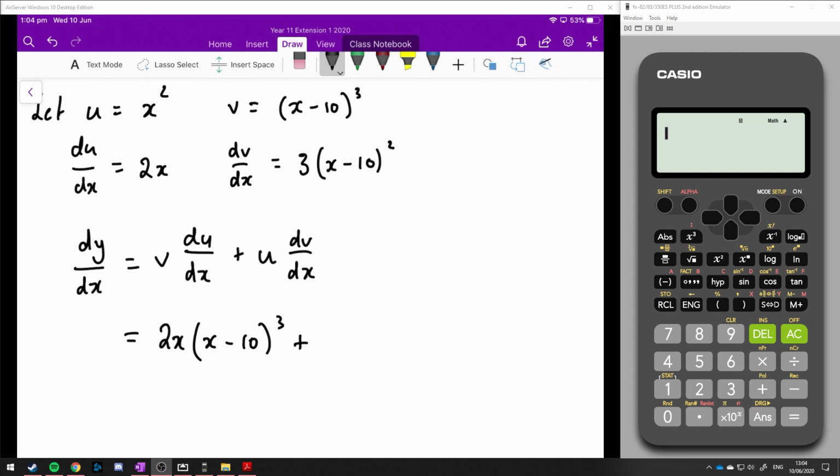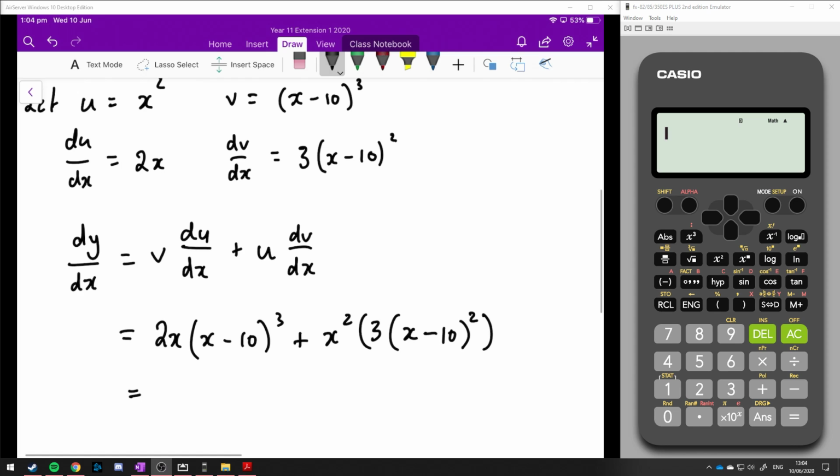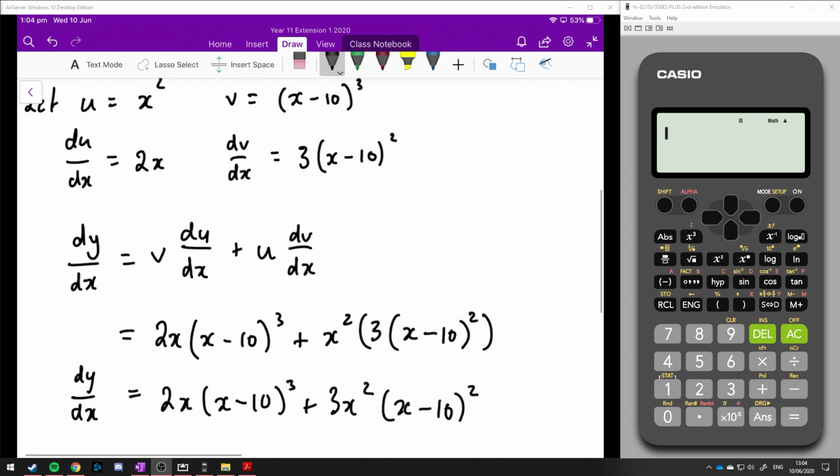And we're going to add that to u, which is x squared, lots of dv dx, which is 3, lots of x minus 10 all squared. Okay, so putting it together, we get dy dx is equal to 2x, lots of x minus 10 cubed, plus 3x squared, lots of x minus 10 all squared, like that.